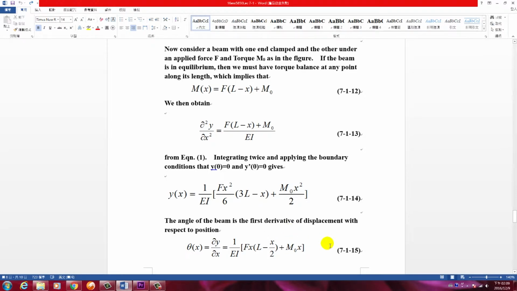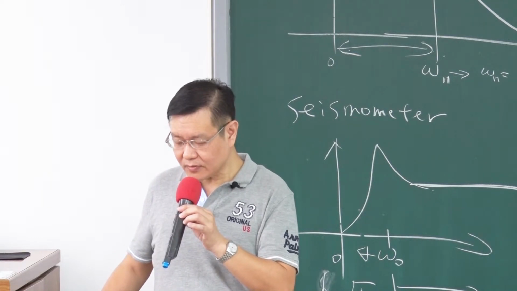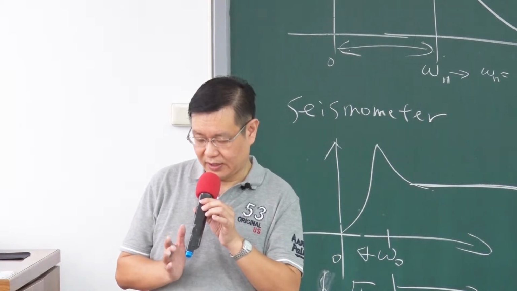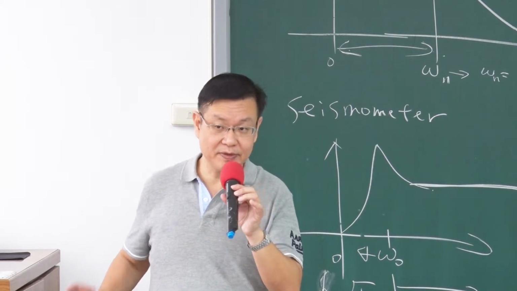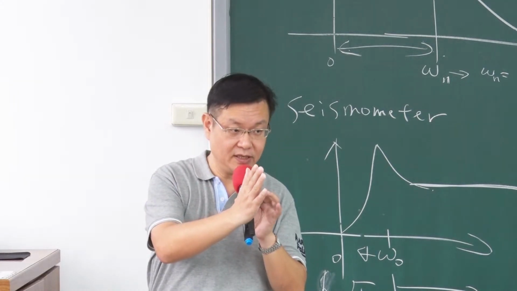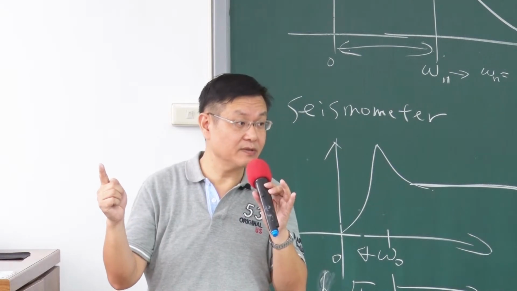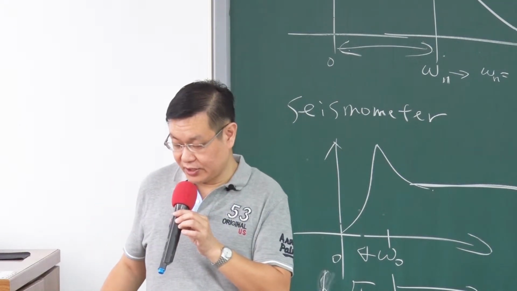These two will finally form the bending moment across the whole beam. Now consider the formula like this, where x means the position of the beam. When x equals 0, the position is at the base of the beam, right? When x equals L, that means the tip of the beam, right? So consider this equation.